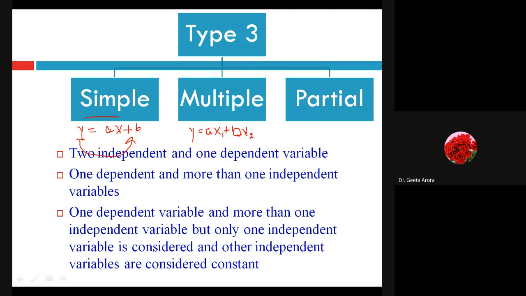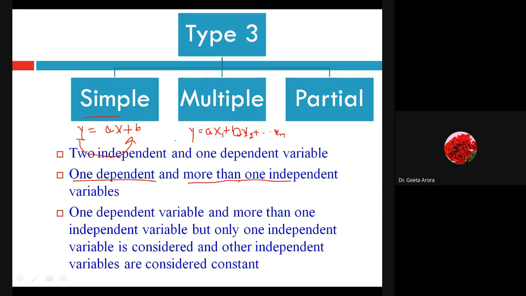And if we have to name it, multiple means it could be any number of more than one. Whenever we have more than one independent variable, this definition is going for this: more than one independent variable and one dependent variable. So it is y is equal to ax1 plus bx2 and so on, with some constant with xn. Correct. It is not fixed.